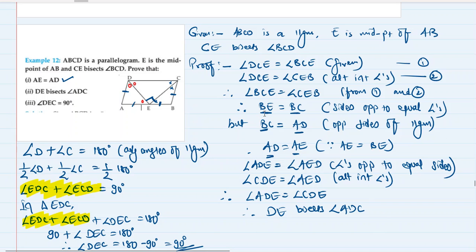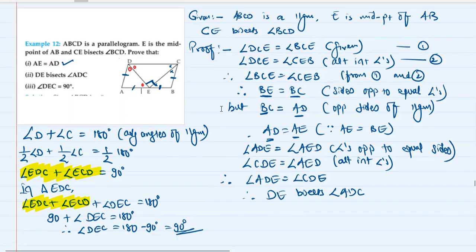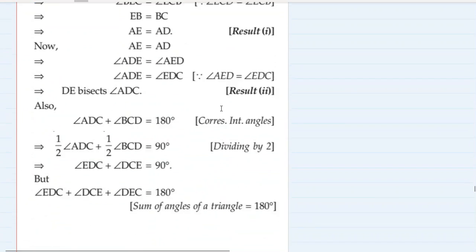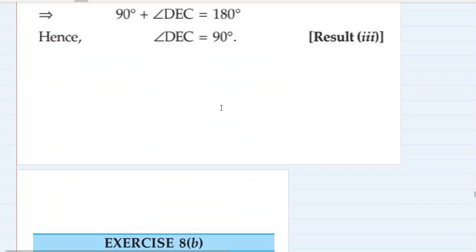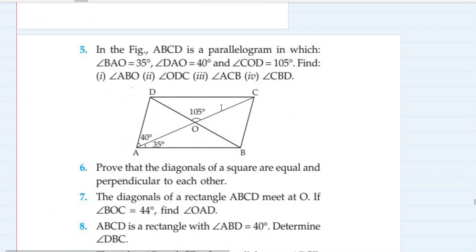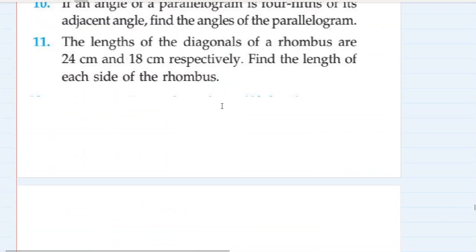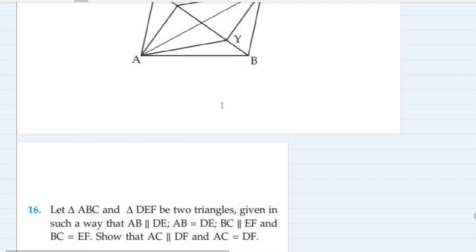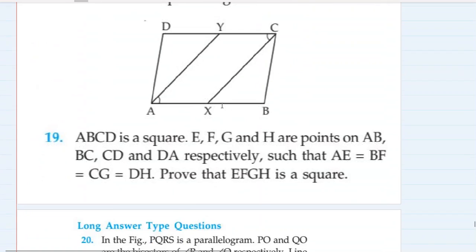So this is how you prove all the required things, and this was a very nice question based on all the properties of parallelograms. So this was a good exercise. You came across different kinds of questions, and 8B will give you required practice of the same. Okay, so 8B, the whole 8B is homework.